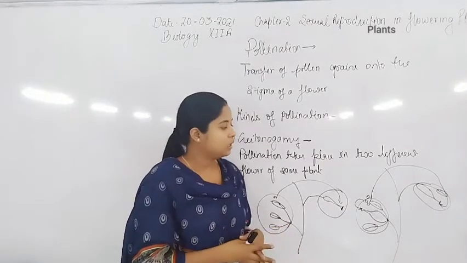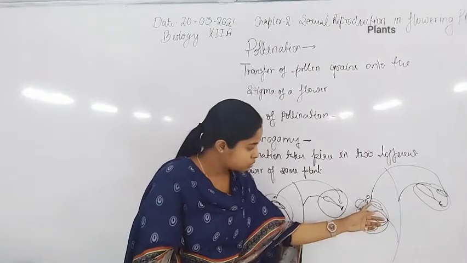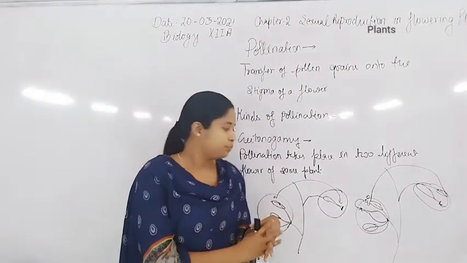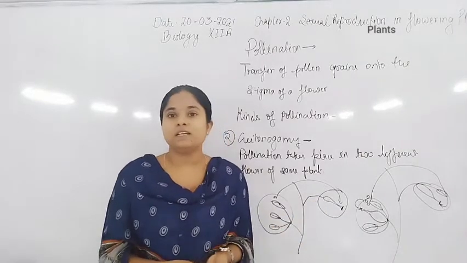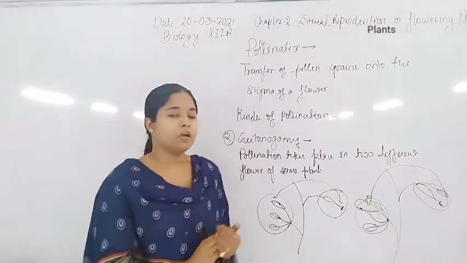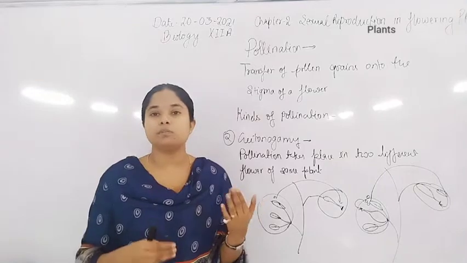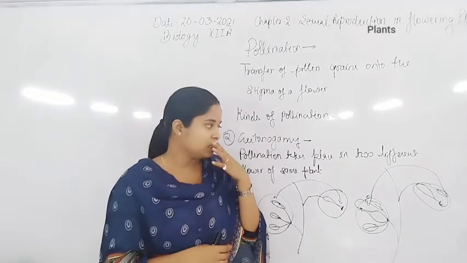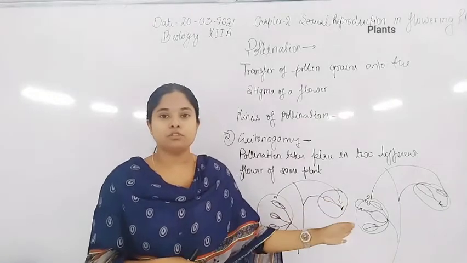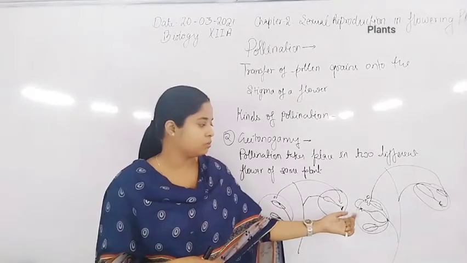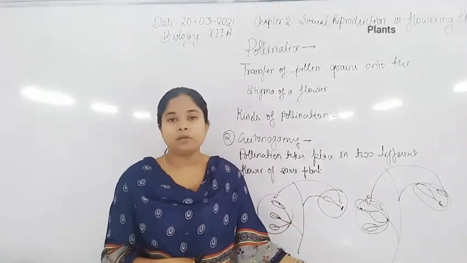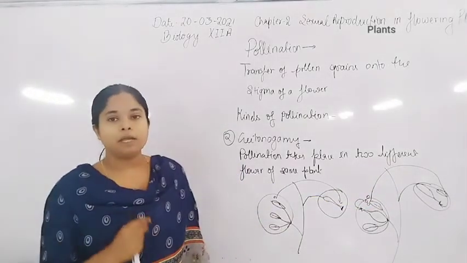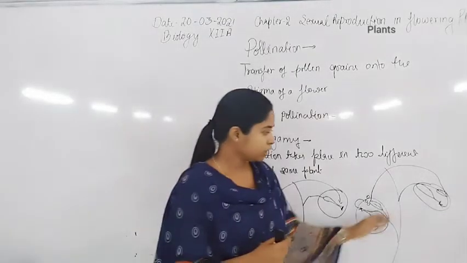But this also takes place when the flowers show protoandry or protogyny, that is, the maturation of male and female reproductive parts at different times. Protoandry is when the male reproductive organ matures first, and protogyny is when the female reproductive organ matures first.